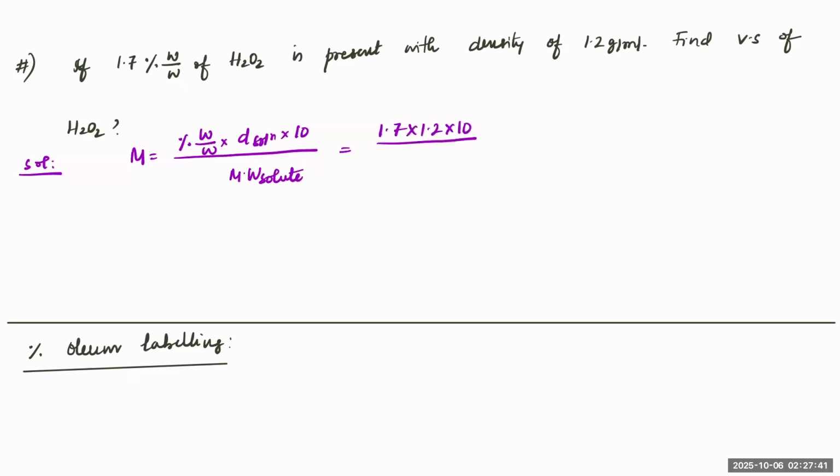Molecular weight of peroxide is 34. Correct? Done? Right. So this value is coming out to be 0.6. So volume strength is molarity into 11.35, that is 0.6 into 11.35 in liters at STP.